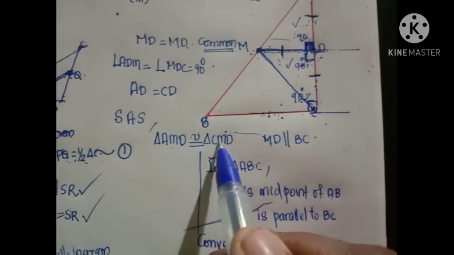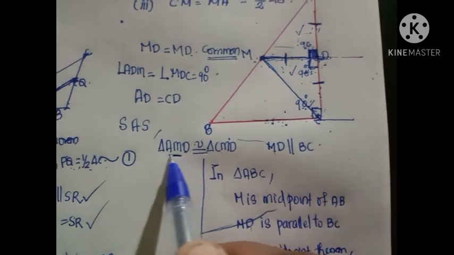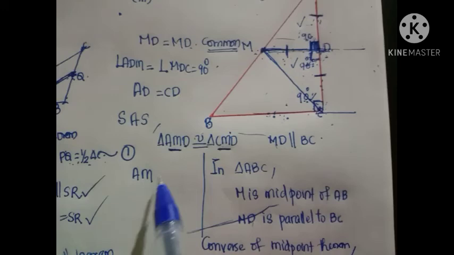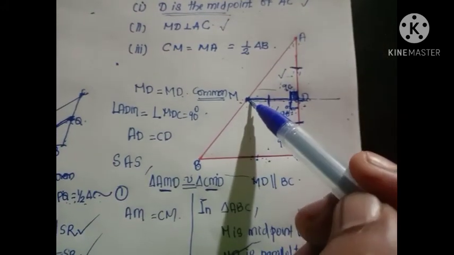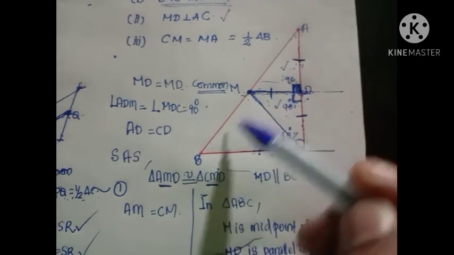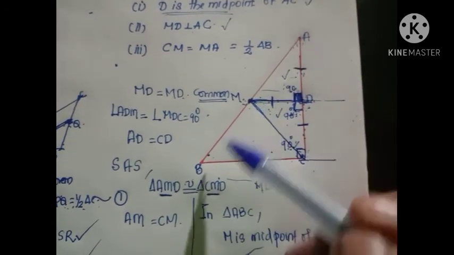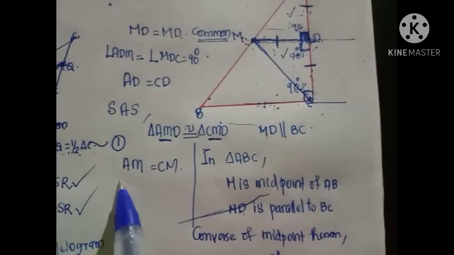If these two triangles are congruent to each other, therefore by CPCT, listen, AM is equal to CM. Now what is AM? AM is half of AB, isn't it? Because M is the midpoint of AB. So AM is half of AB.